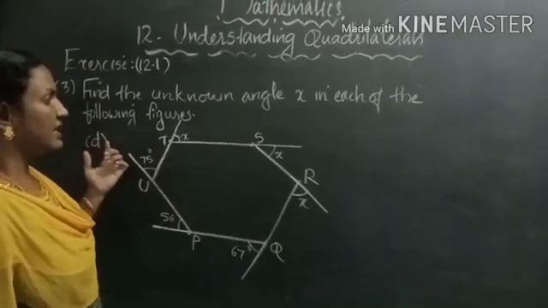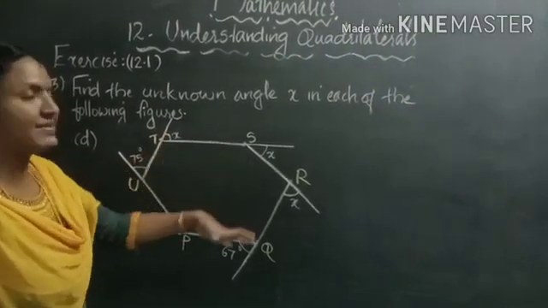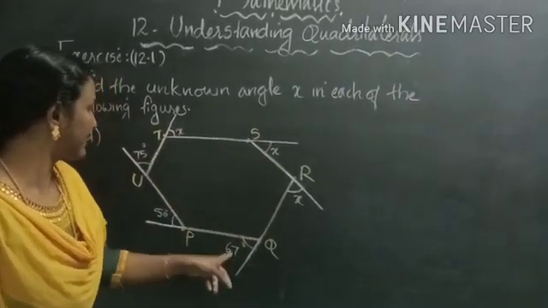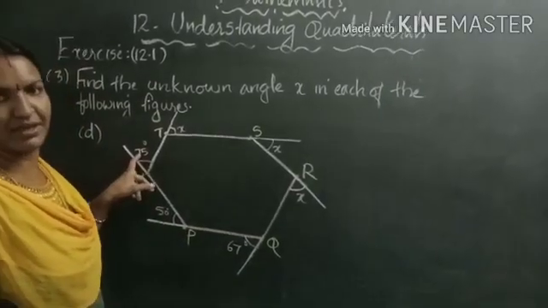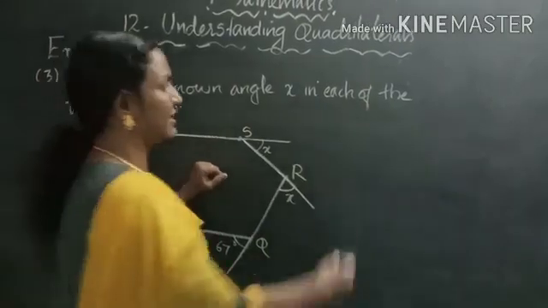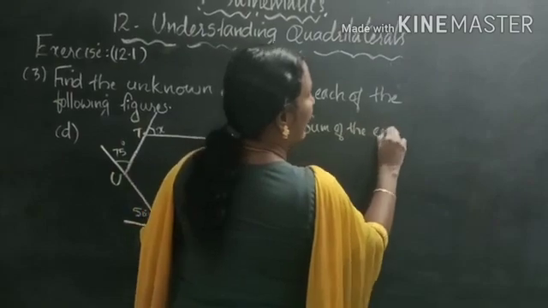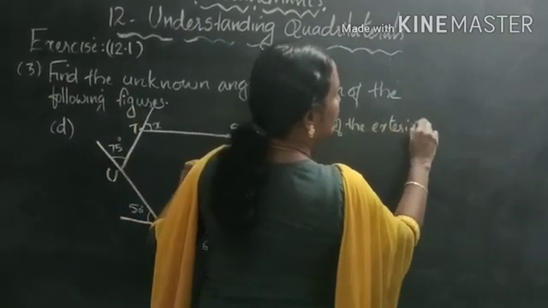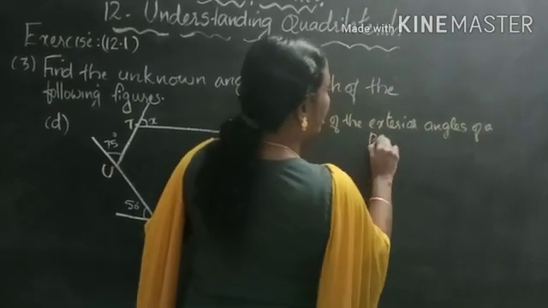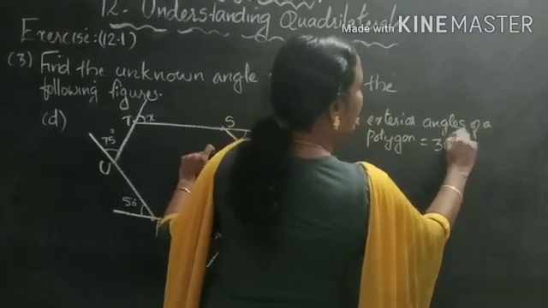Next, option D, we have to find the unknown angle X. Here the exterior angles are marked X, X, X, 67, 50 and 75. You know the sum of the exterior angles of a polygon is equal to 360 degree.